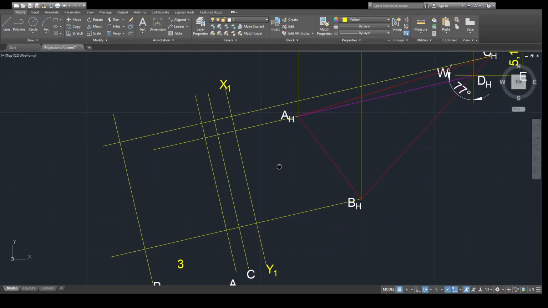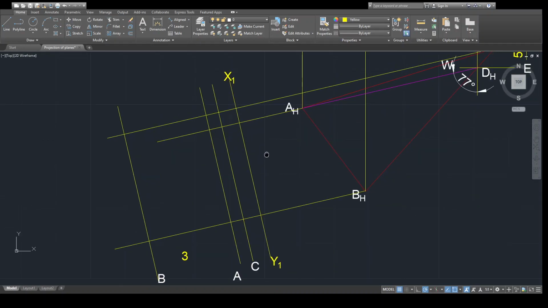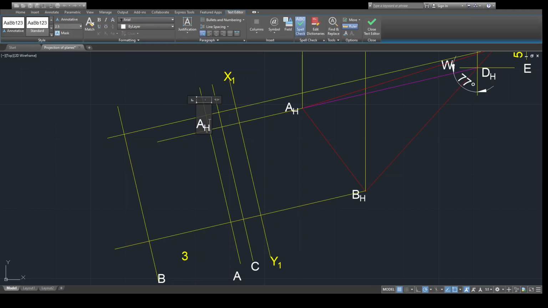Where is the locus? 8.83. So this is the projection from point A, and 8.83 means somewhere here it cuts. So this is the intersection point, and that point we call point A1.